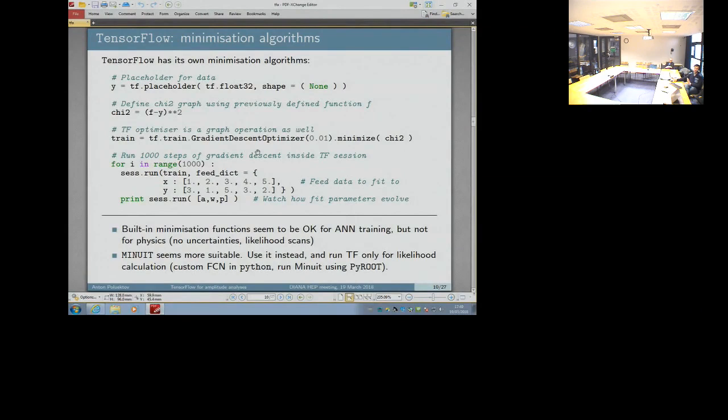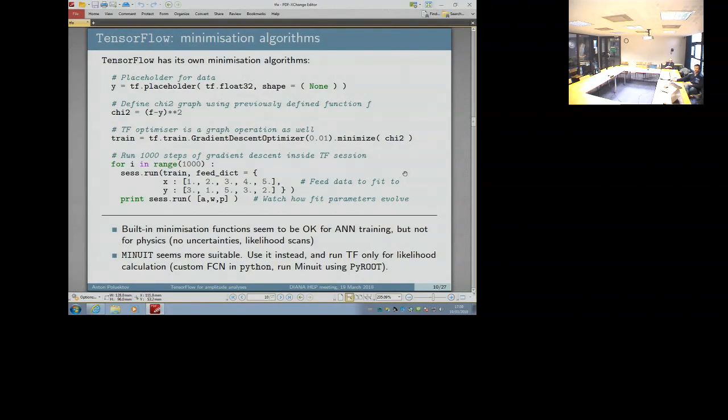Well, in physics we don't do just gradient descent, right? We need to make sure that we know the uncertainties. We should be able to do likelihood scans, and we should be able to tell whether we have found a global minimum or a local minimum, things like that. This is something that the TensorFlow built-in optimizers cannot deal with, as far as I know.